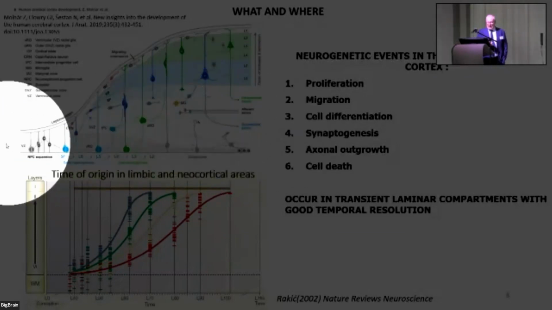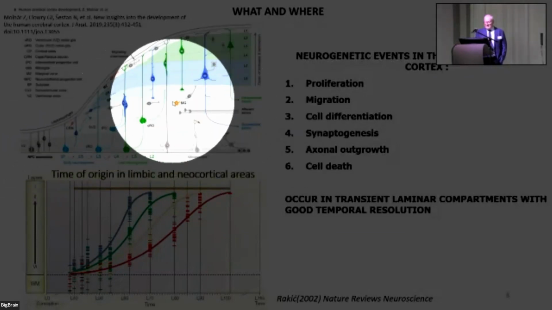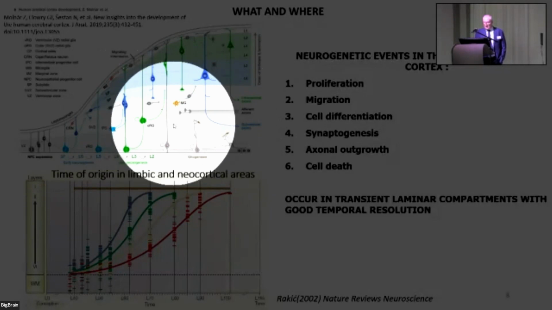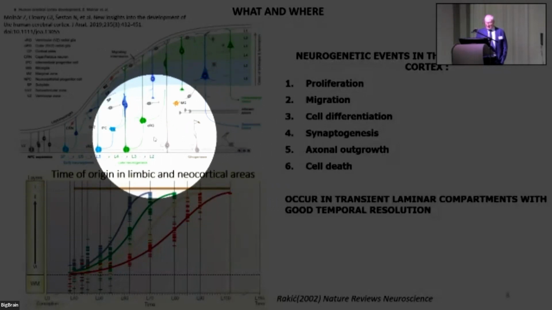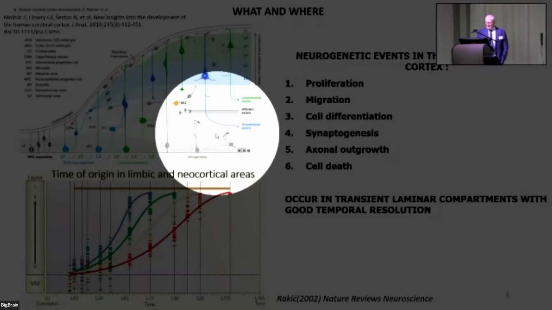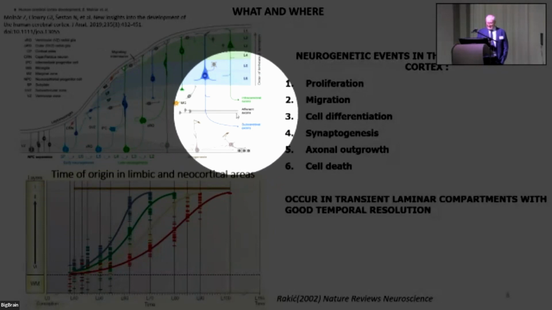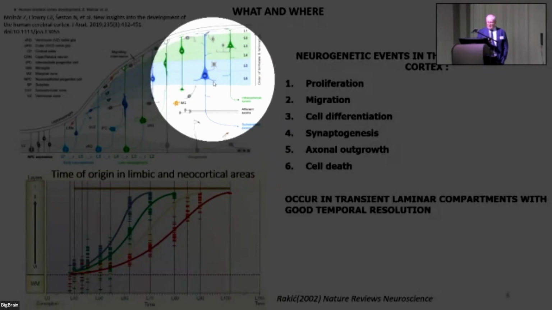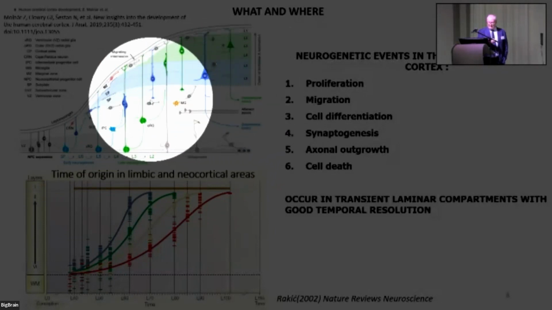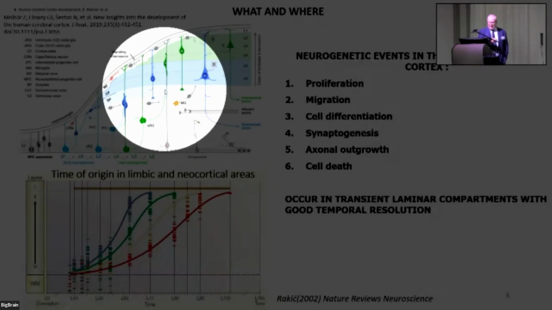This is an up-to-date scheme from a symposium in Oxford. Here are the proliferative zones, ventricular and subventricular. Here is the intermediate zone with axons. Then you have a transient compartment, the subplate, which is very important for me; I will tell you why.